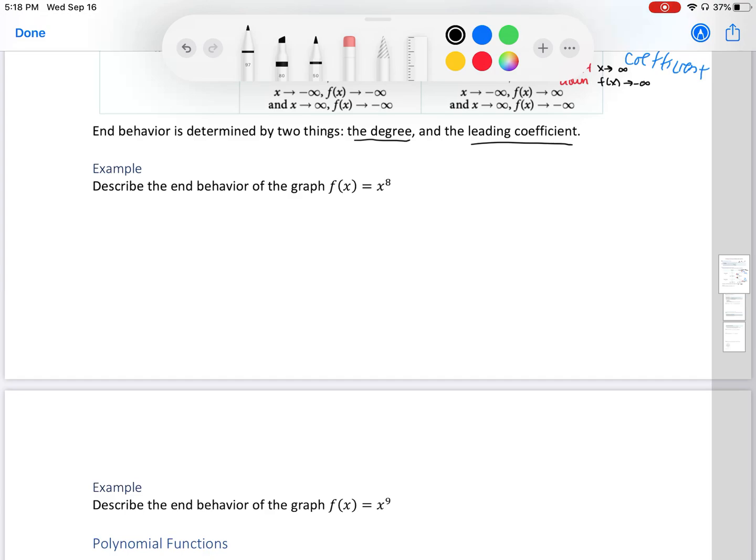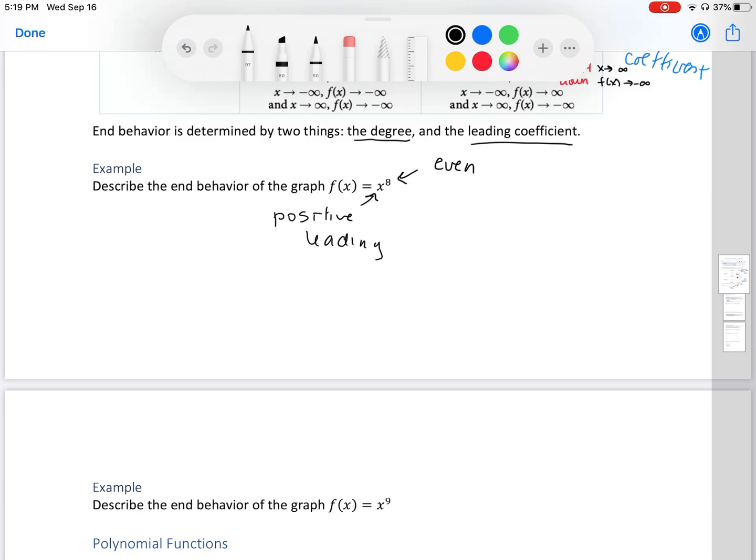So let's describe the end behavior of this graph. I have no idea how it's graphed or what it's supposed to look like. Well, we haven't covered that yet. But I can describe the end behavior because my exponent is even and there is no negative for a leading coefficient, thus it's a positive leading coefficient.